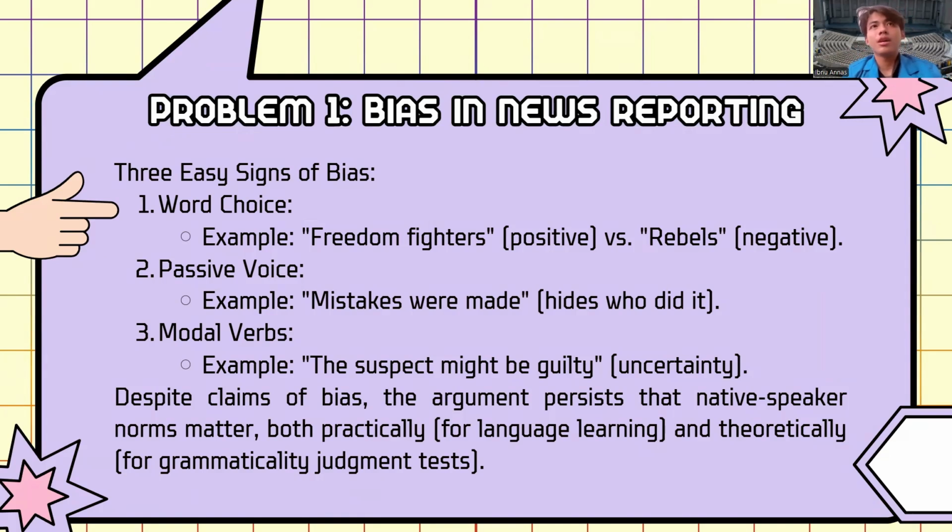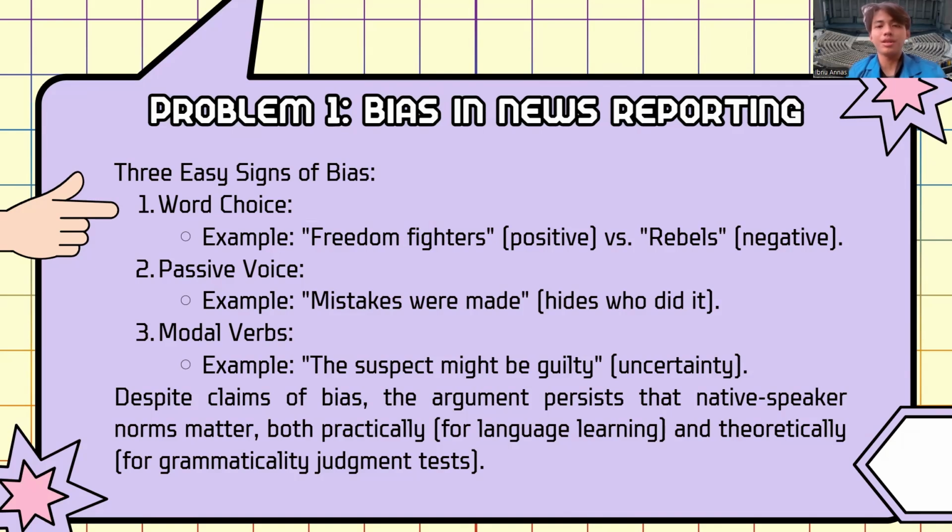I have a simple solution. You can imagine this: two news websites report the same story, such as one website says that freedom fighters demand justice, and the other says rebels cause chaos in the city.